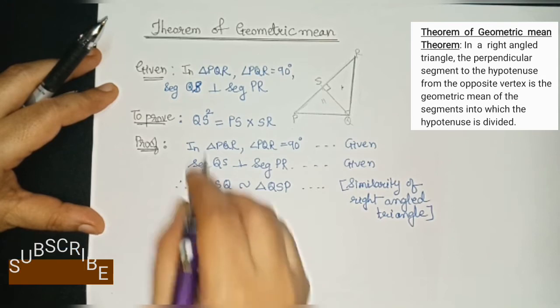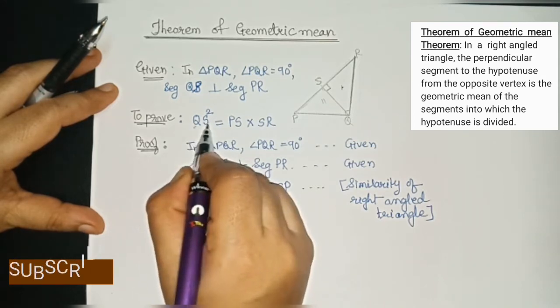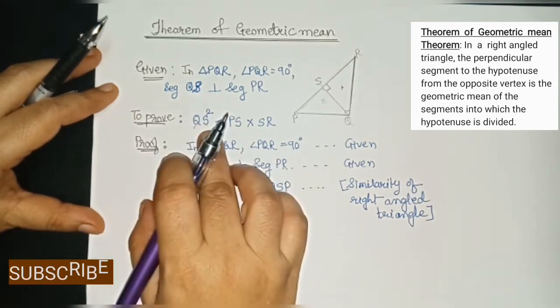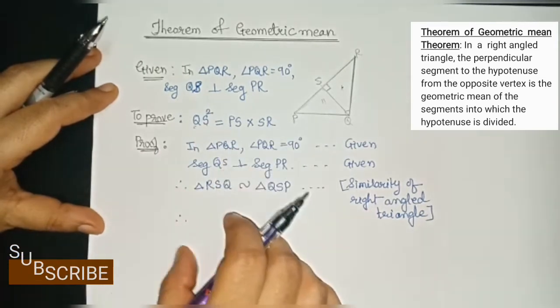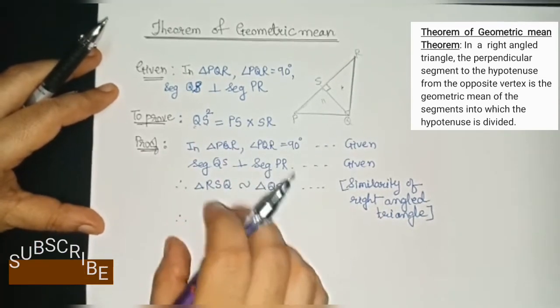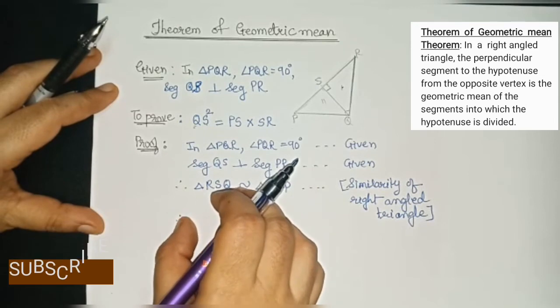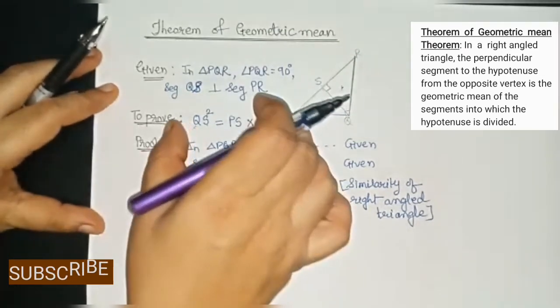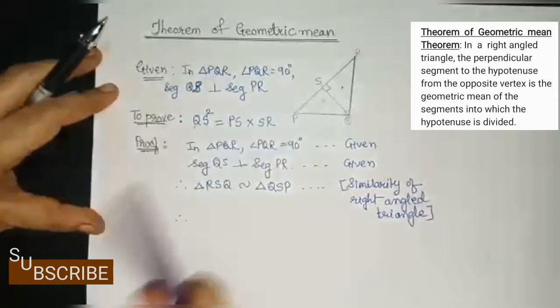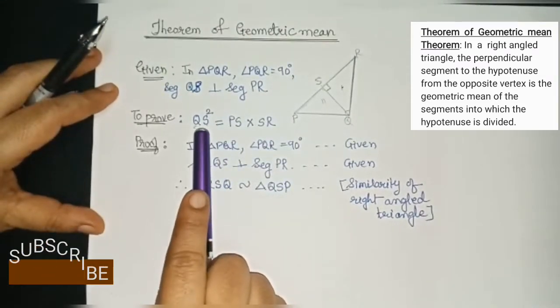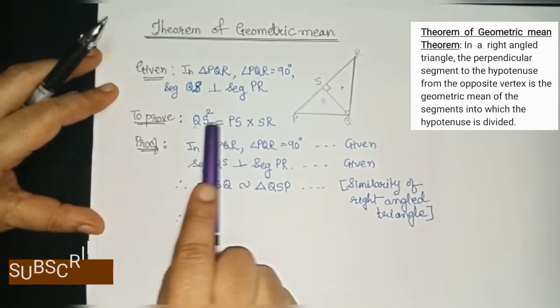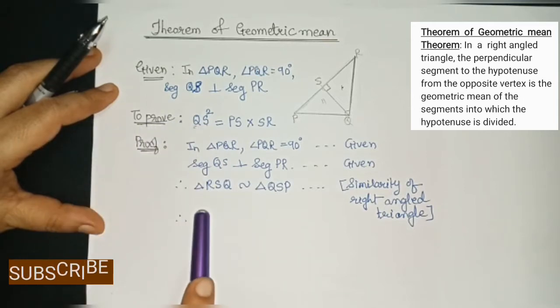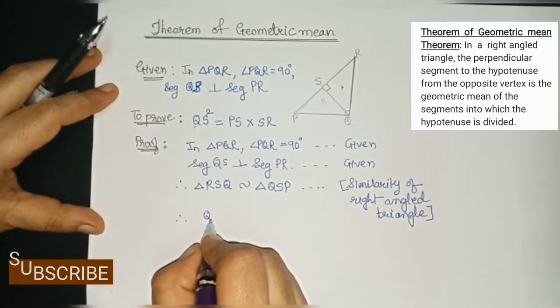Therefore, now what we need is QS square. Whenever we have to prove something, while writing the proof, we must refer to our requirement, what we want to prove. We want to prove that QS square is equal to PS times SR, so QS should be one side that we take here. So first we will take QS.